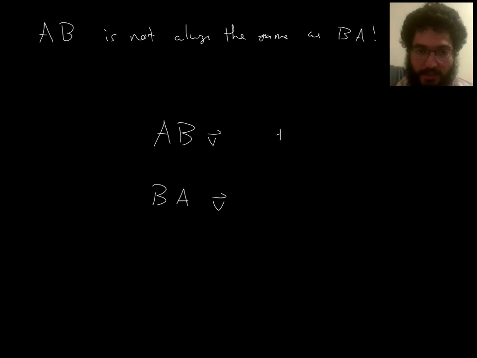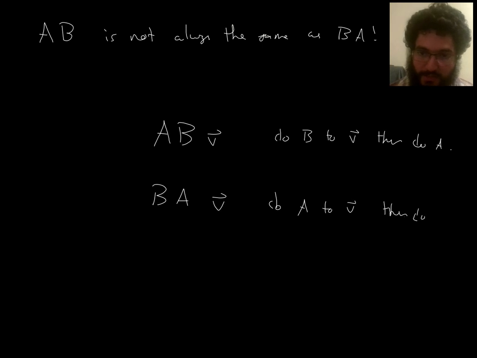This one says do B to V, then do A. You kind of read it from right to left, since you apply matrices from the left. So it's a little bit backwards the way you read it. This one says do A to V, then do B. And doing them in different orders could result in different vectors, right, depending on what it is you're doing.